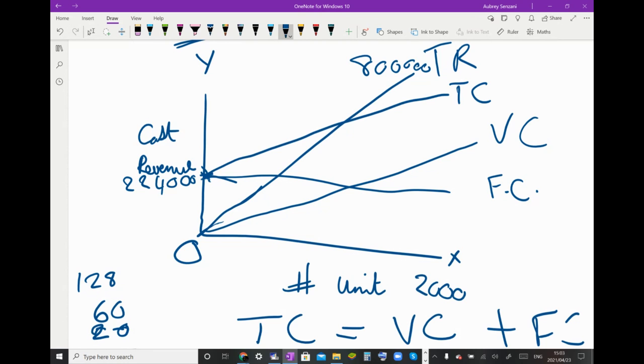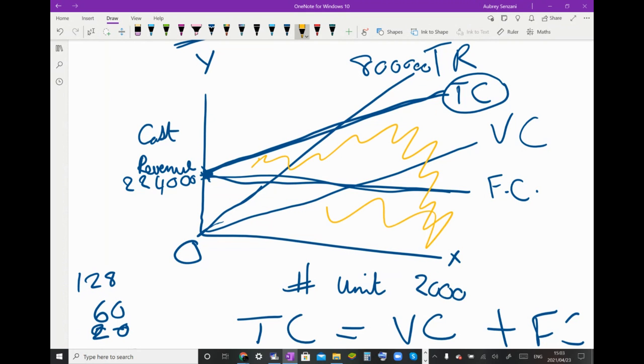Because remember, this is our fixed cost. So regardless of how much we produce, our costs need to be incorporated. And can you see that your total cost over here is covering both your fixed costs? I'll use a different color to shade. It's covering all our costs.